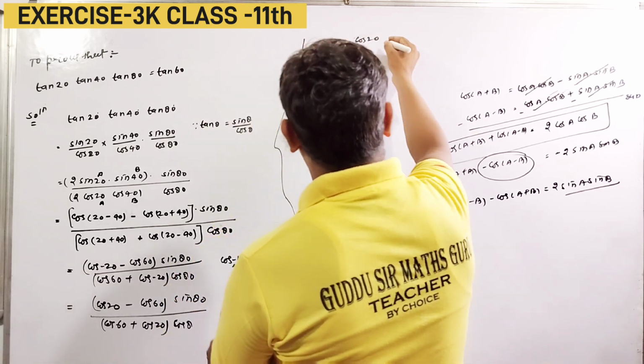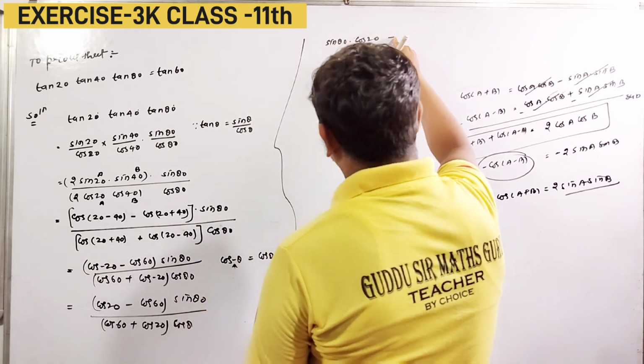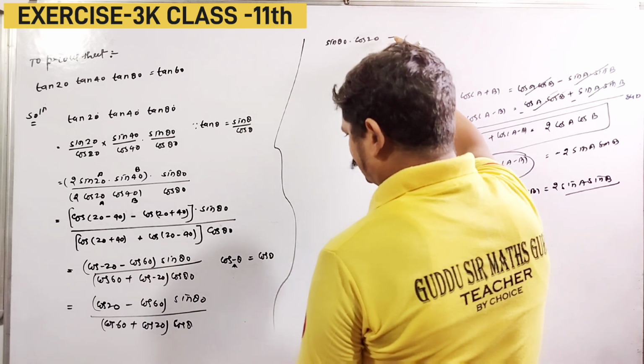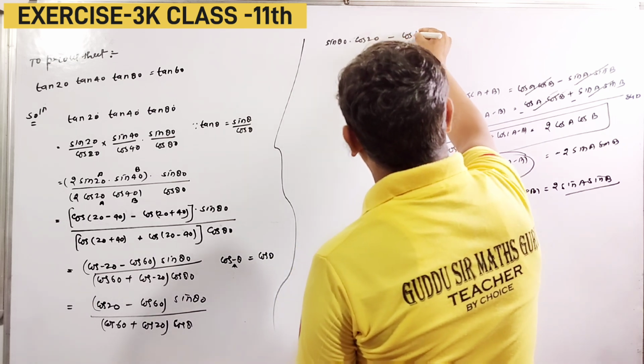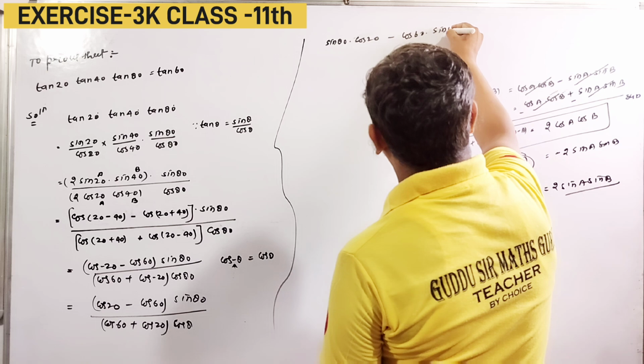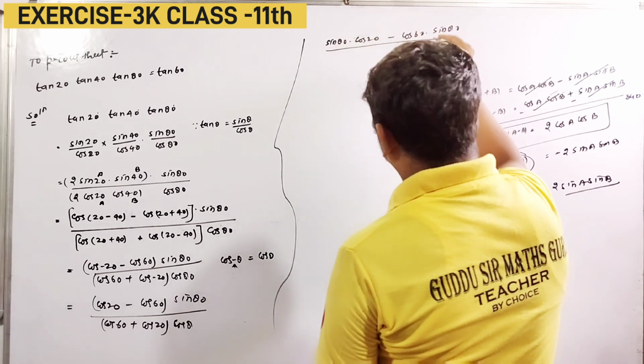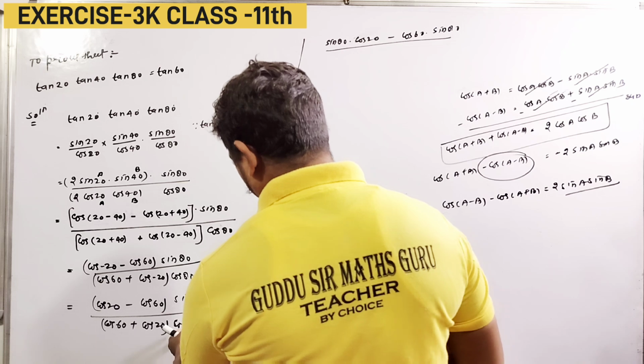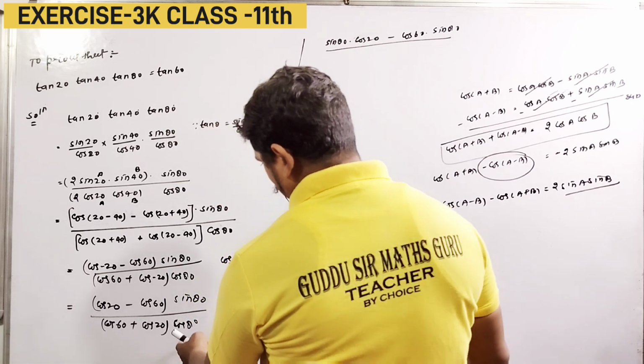And after it you apply a negative sign, and then you can write cos 60 degrees into sine 80 degrees. And in the denominator there is 80 degrees. Clear?